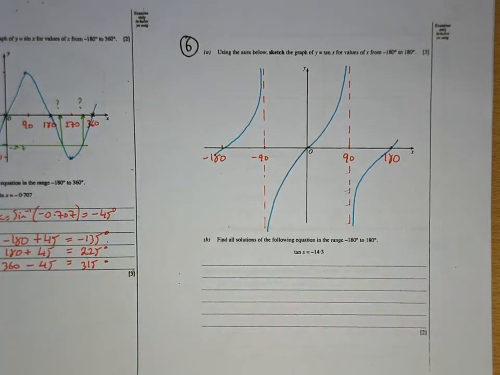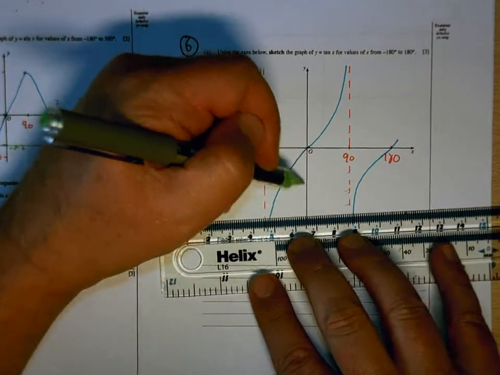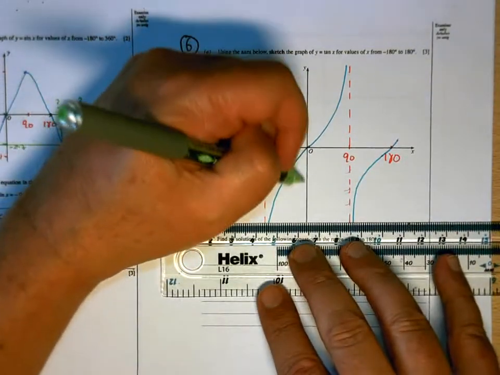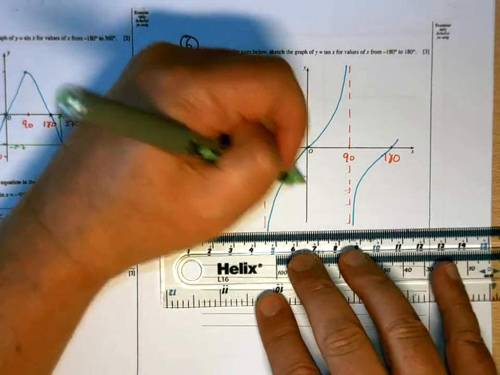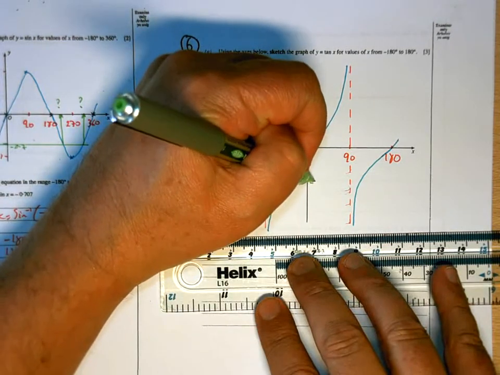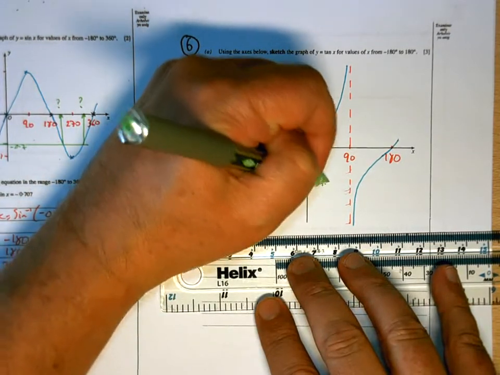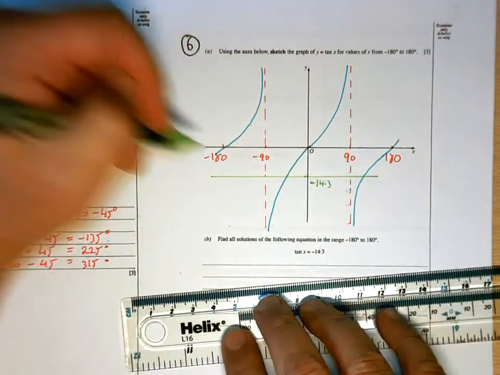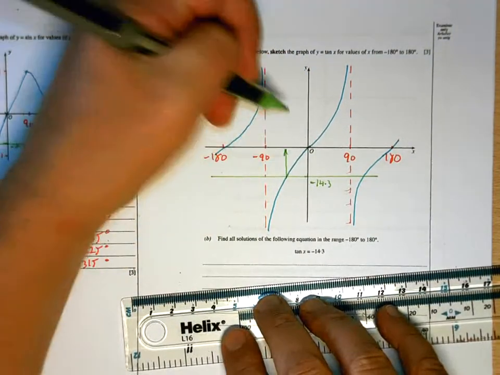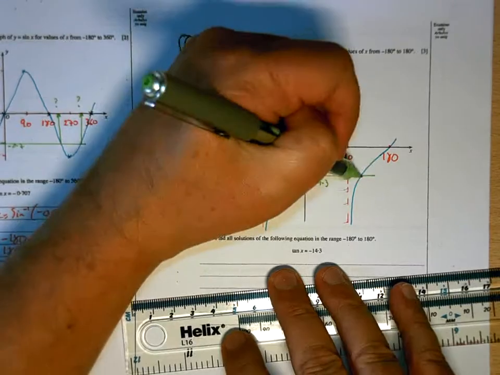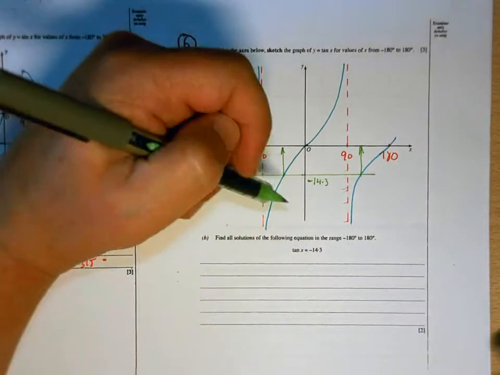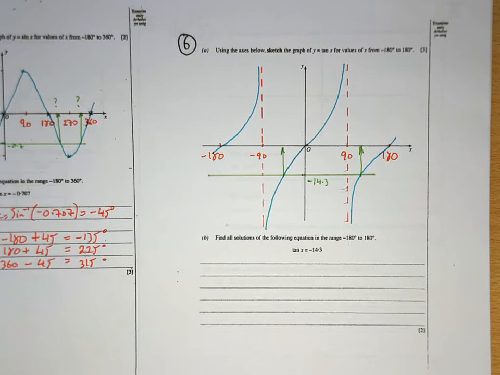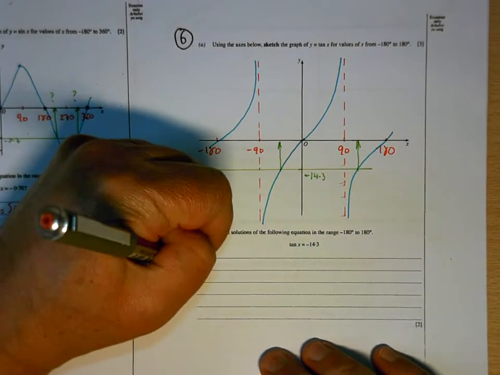We're going minus 14.3, well, minus 14.3 is down here somewhere. Don't really know where on the scale of things, but let's say it's there, so that's minus 14.3. Draw your line across. You're going to have one value that side, negative, one value this side. Your calculator will tell you one of those.